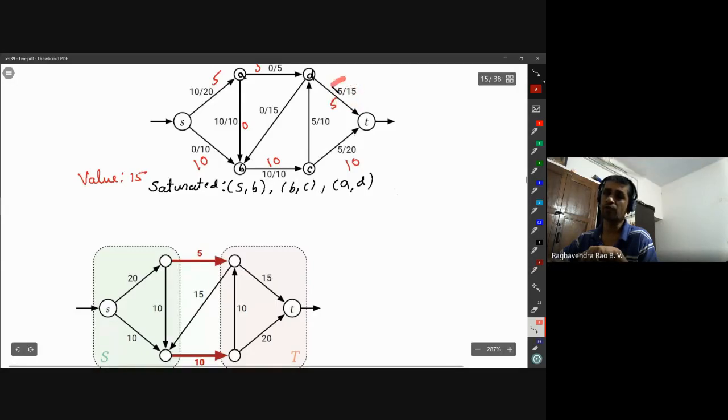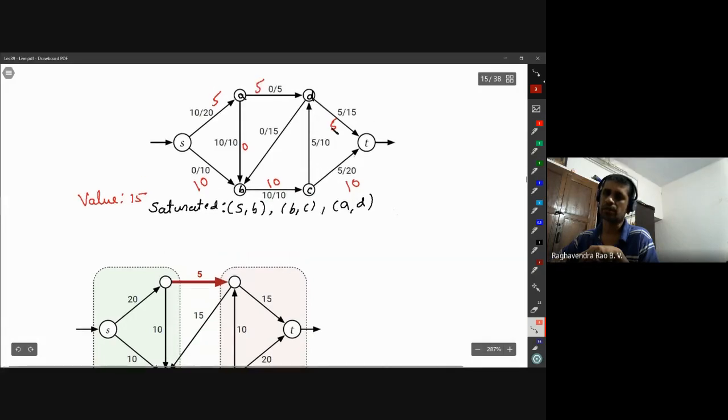If you remove this 15, you should be able to send 15. Let's see. Oh, no, you'll be able to send only 10. Then the cut value should change, right? Yeah, that's a good point.